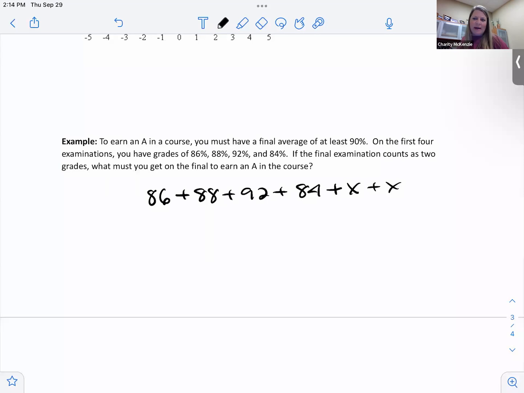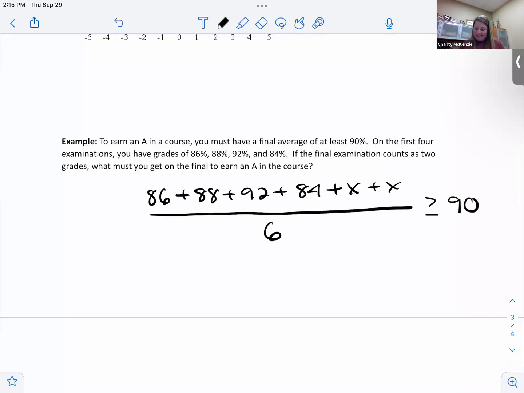You could have written that as 2X, the same thing, but I just wrote it as X plus X. Now, to do the average, you add up everything and then divide by how many there were. Well, there is 1, 2, 3, 4, 5, 6 total grades that count. And we want this to be greater than or equal to 90, because that's how you can get an A.